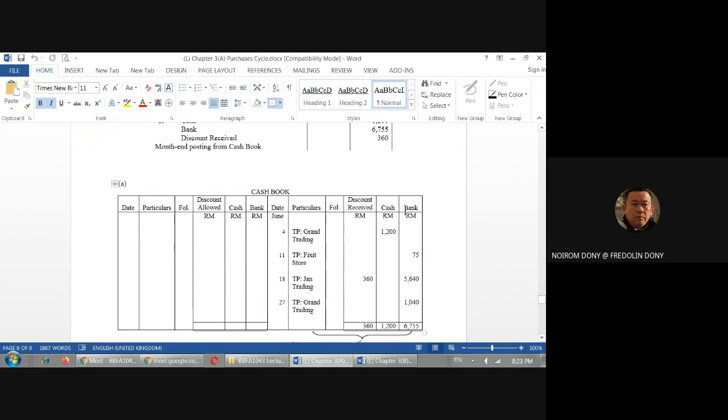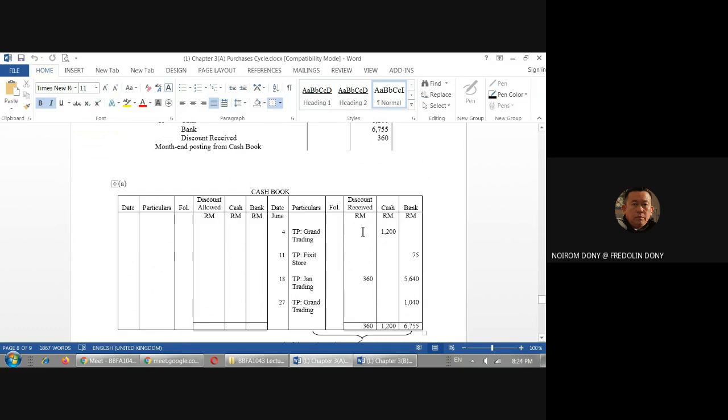Now, the nature of the transactions that we have read just now in the illustration, the prime entry is the cash book. The effect is it reduces the bank column and the cash column. That is why all the listing will be done on the credit side.